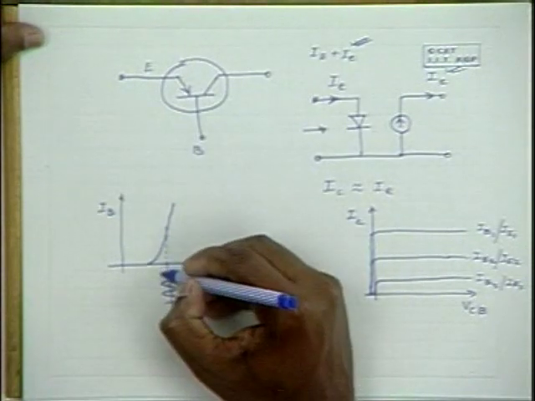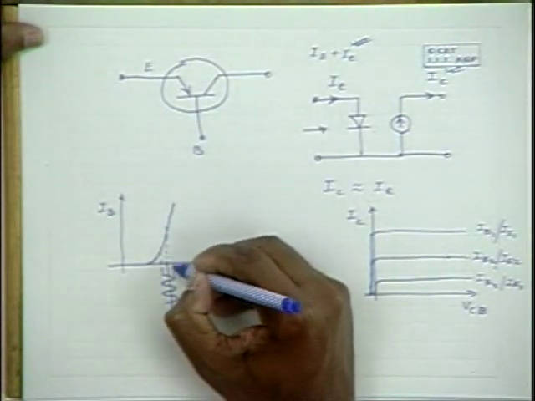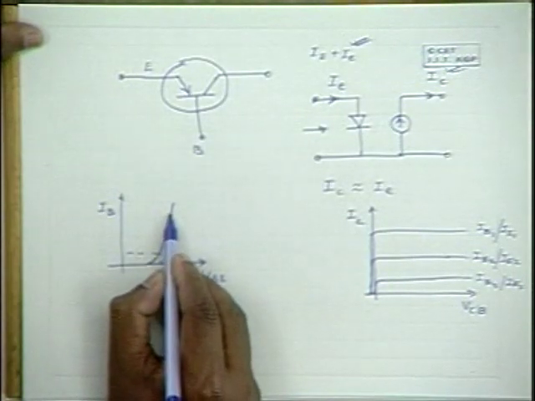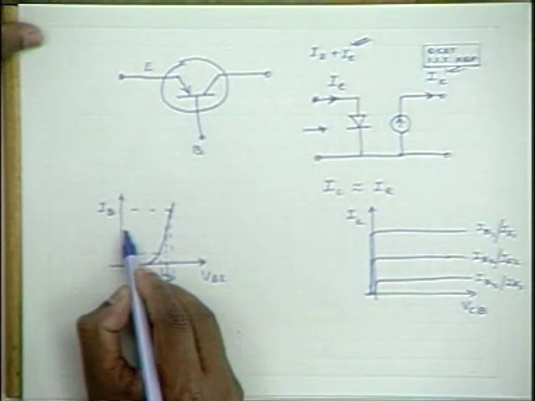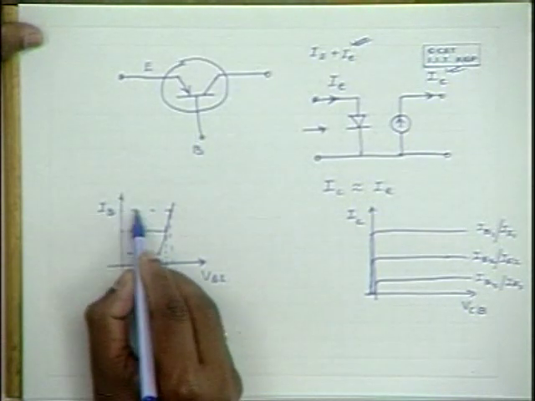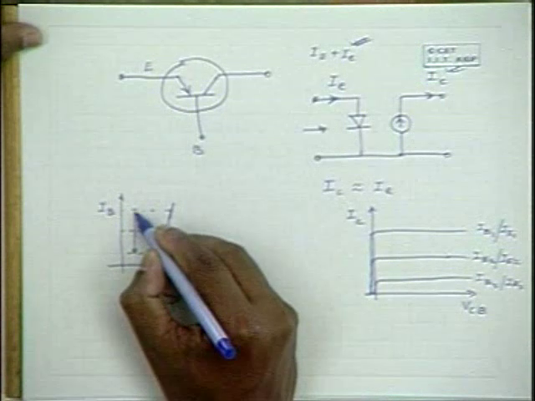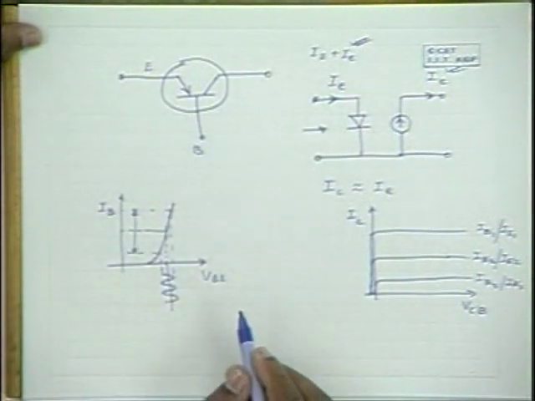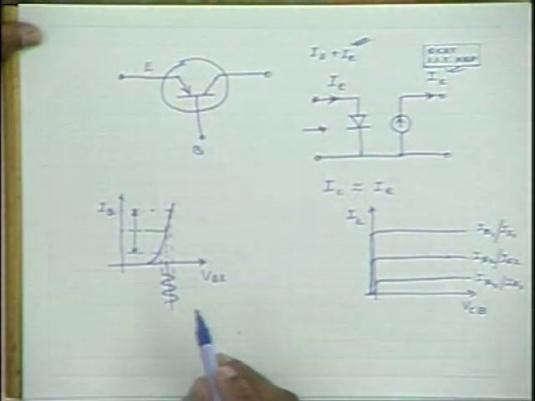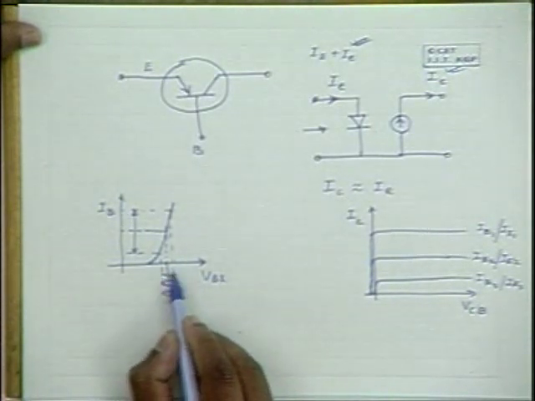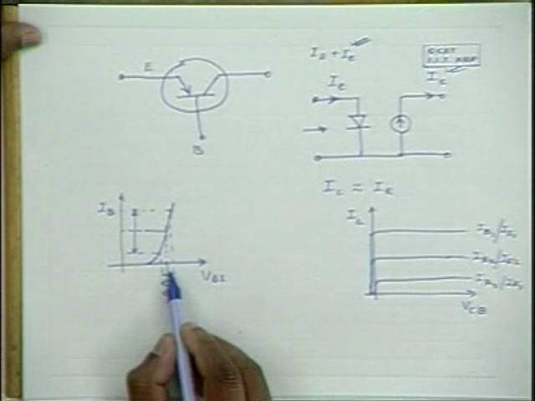This is responsible for some alternating base current around the biasing value. So this is the peak to peak amplitude of the alternating base current, and this is the peak to peak value of the alternating base to emitter voltage that is applied.